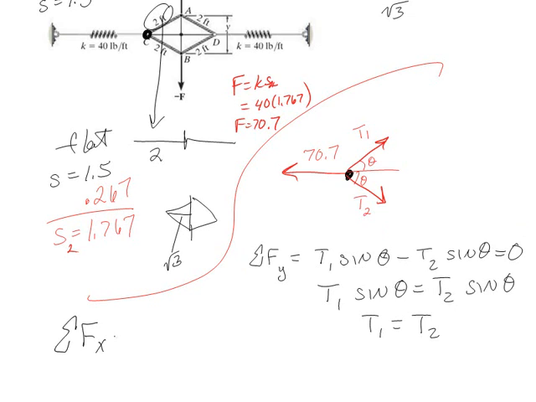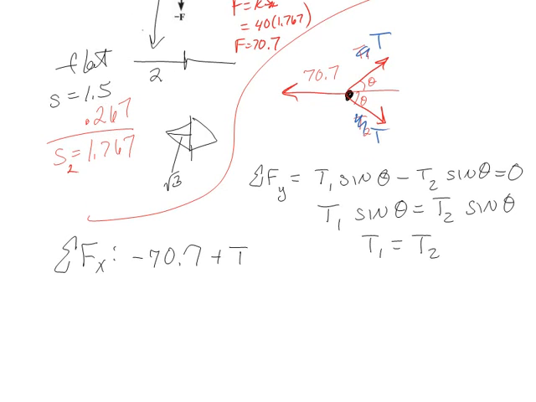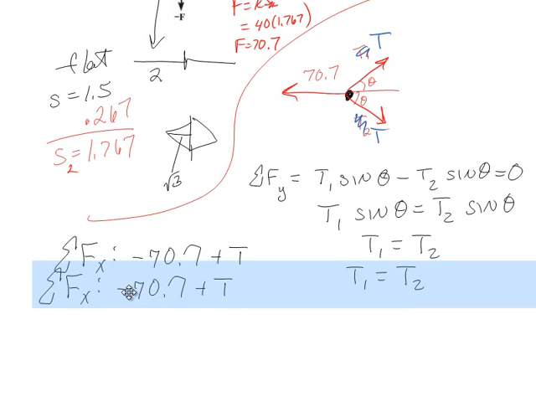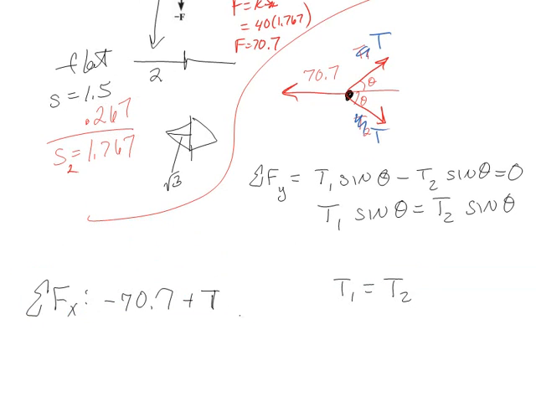Now I'm going to do the sum of the forces in the x direction. So I have minus 70.7, and now I have the cosine of theta. Now I'm just going to call them all T, since I know they're the same. So T cosine theta, and then another T cosine theta equals 0.